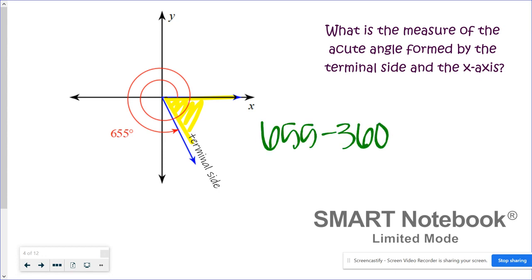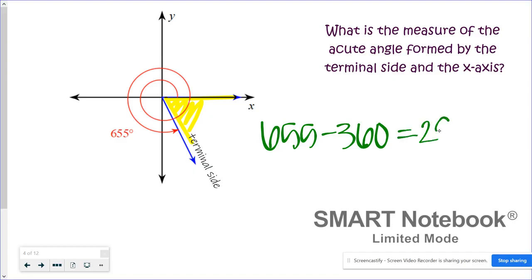And so that would give us, let's see, I think 295. I want to be for sure, but I can't seem to find my calculator. I just found it. Sorry about that. 655 minus 360. Oh, I was right. How about that?